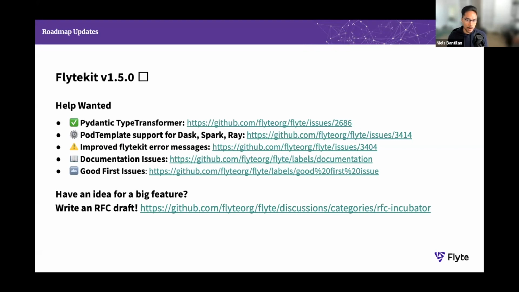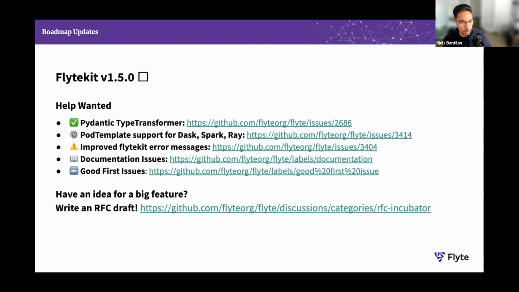The final three are more general points. The third one is the improved Flytekit error messages thing that I mentioned before. If you can look through the comments and see if a certain error message hasn't been mentioned yet, it'd be helpful to add a code snippet of how to reproduce it, what the error message is, and ideas on what you would like to see as the ideal error message.